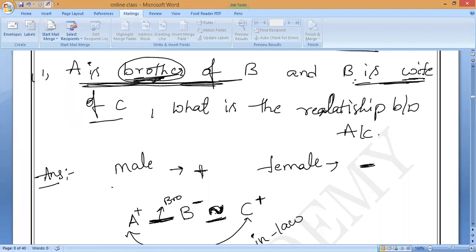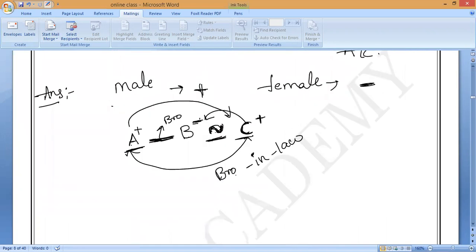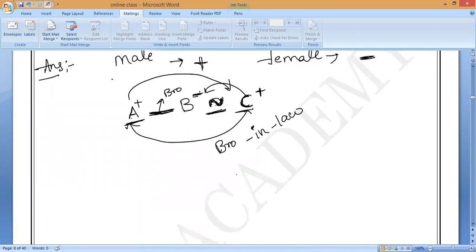C is the husband of B, male. What is the relationship between A and C? C is the brother-in-law of A and A is the brother-in-law of C. Do you understand? Shall I go to the next sum? Yes, ma'am.